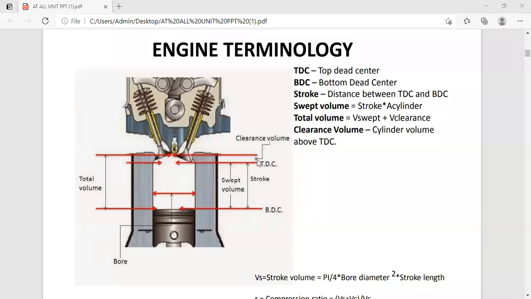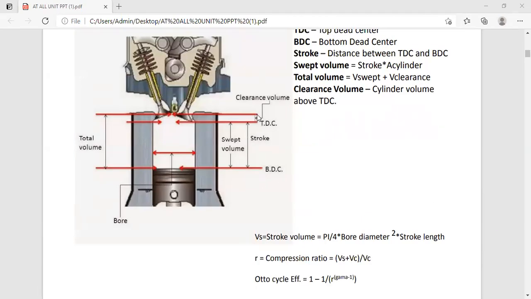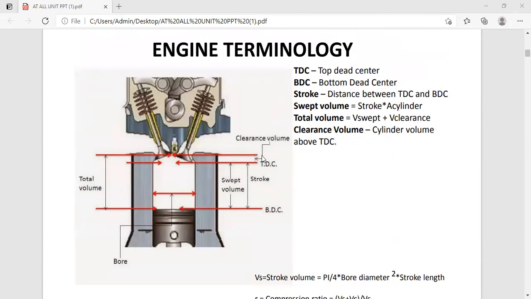Next point is the clearance volume. Clearance volume means what? The volume contained in the cylinder above the piston at the TDC, or top dead center position. So the volume which is present above the TDC, we are calling the clearance volume. And you can observe here, we generally indicate the clearance volume by VC.